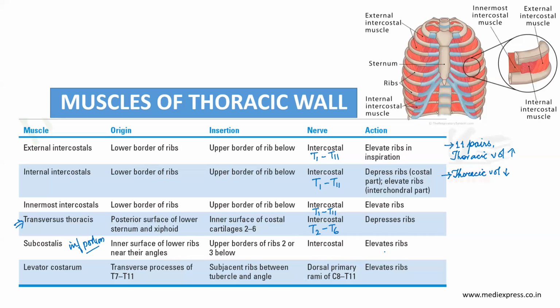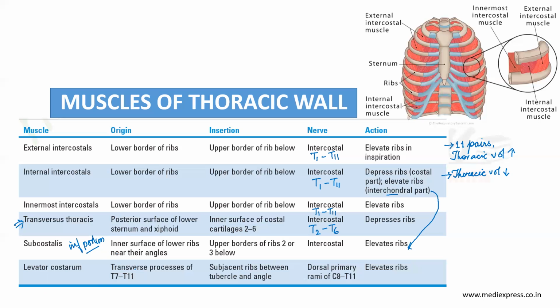rib. Because subcostalis usually shares the action of internal intercostal muscles, the interchondral part. These two are the same. Next one is the levator posterum.